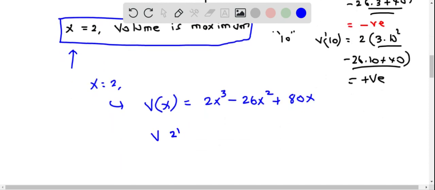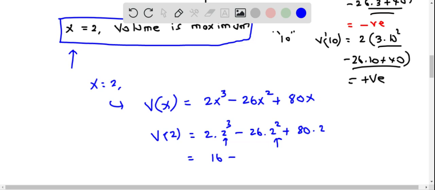So it becomes v of 2, and this equals 2 times of 2 cube minus 26 times of 2 square plus 80 times of 2. 2 cube is 8. 8 times of 2 is 16, and 2 square is 4.